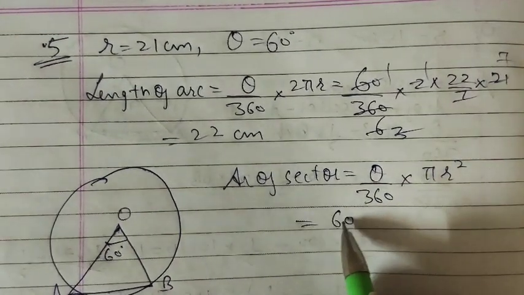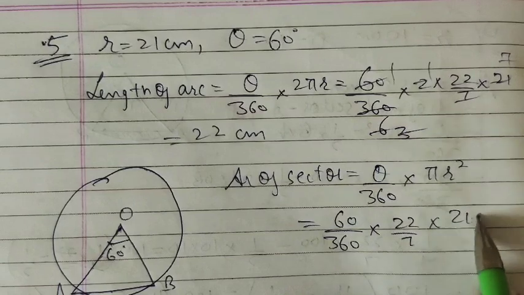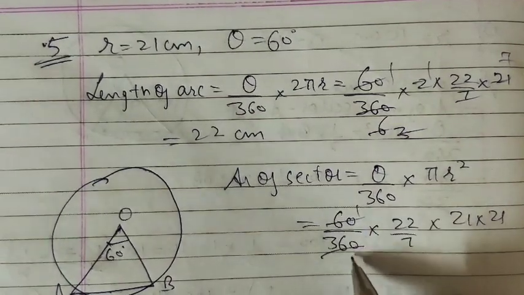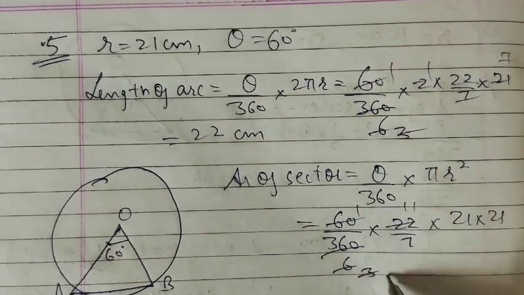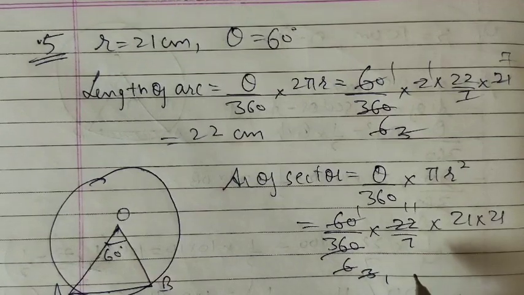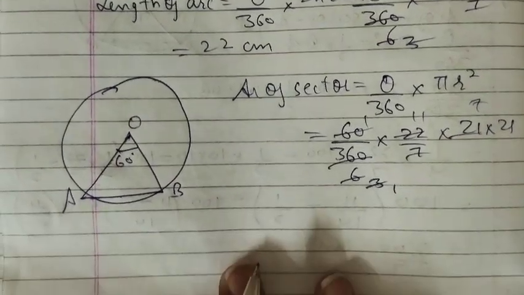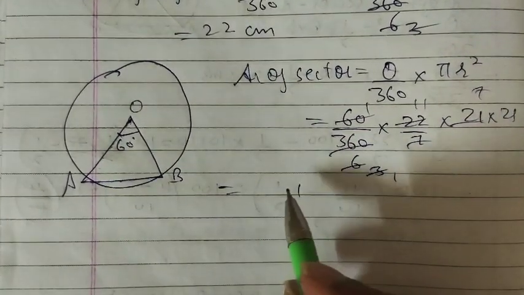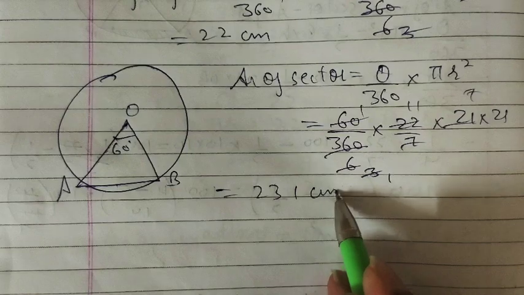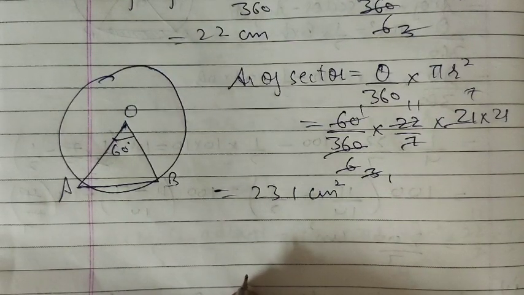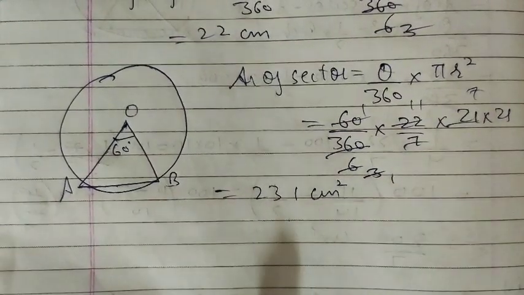Theta is 60 upon 360, pi value 22 by 7, r is 21 multiplied by 21. Cancelling, we get 21 multiplied by 11, which is equal to 231 centimeter square.